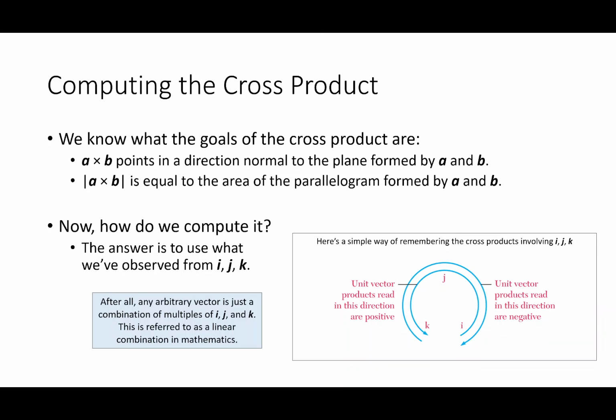Let's find all the terms that are associated with I. So PYQZ minus PZQY. For J, what do we get? PZQX minus PXQZ. And then for K, we get PXQY minus PYQX.